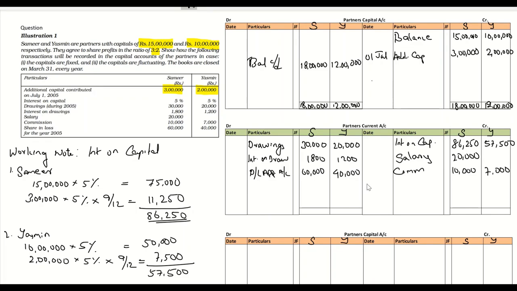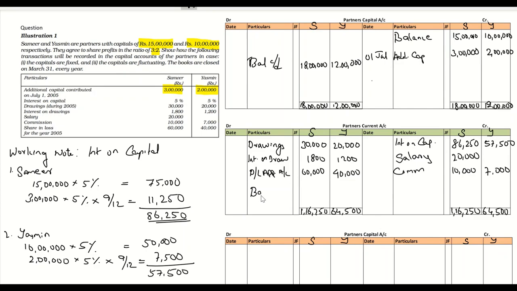Now if I take the total, it is 86,250 plus 20,000 plus 10,000, it will be 1,16,250. And then for Yasmin, it is 57,500 plus 7,000, it is 64,500. I'll put the totals here also. 1,16,250, 64,500.